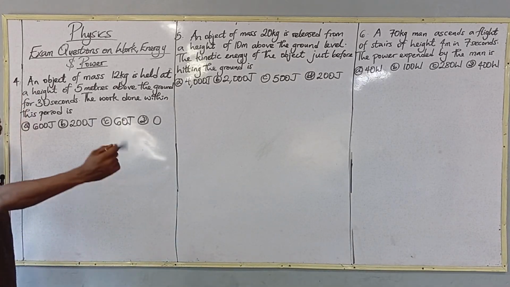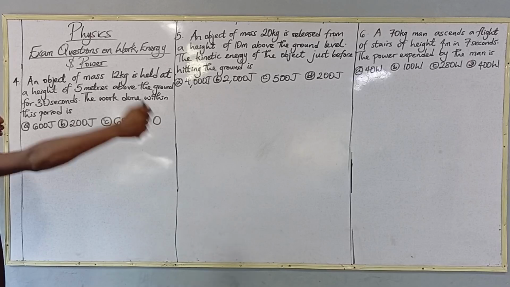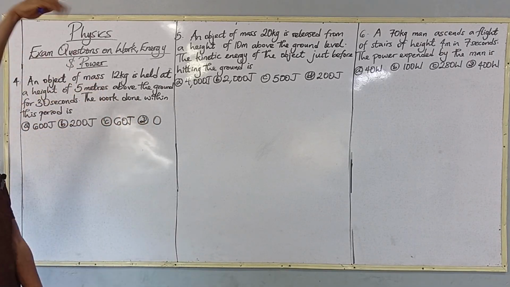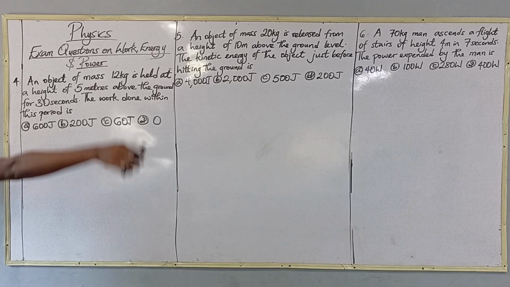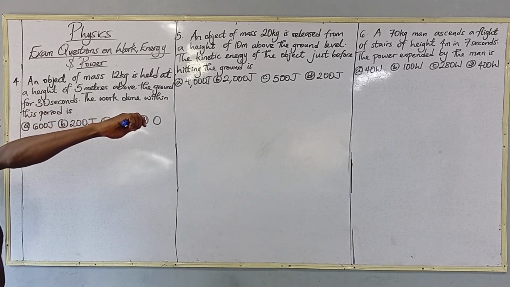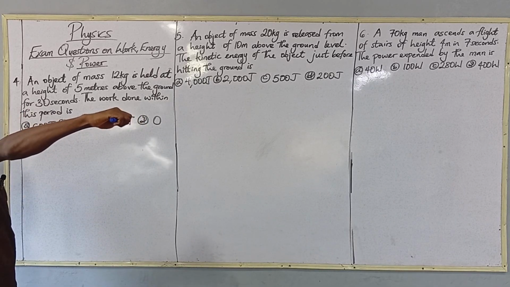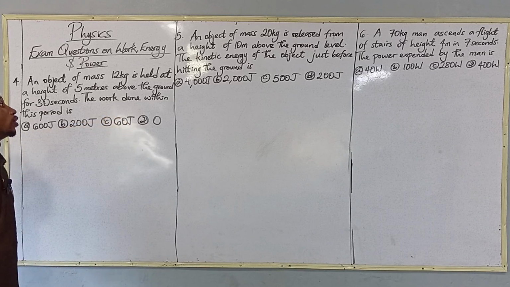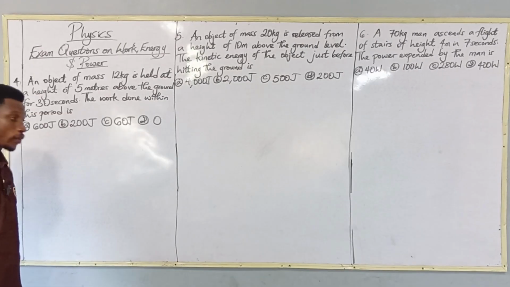Let's say this is the object of mass 12 kg. You hold it at the height of 5 meters for 30 seconds. So just stand there and hold it for 30 seconds. The question is, what is the work done?